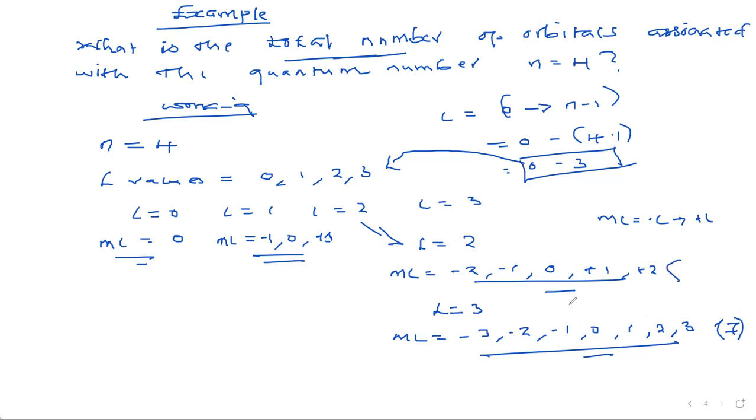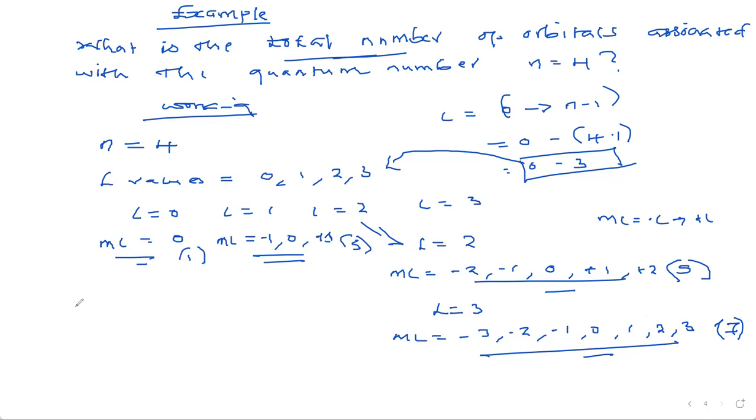When L is equal to 2, ML is 5 total. When L is equal to 1, ML is 3 in total.